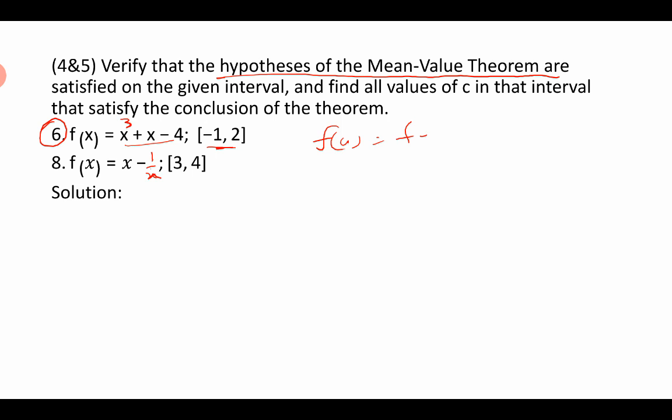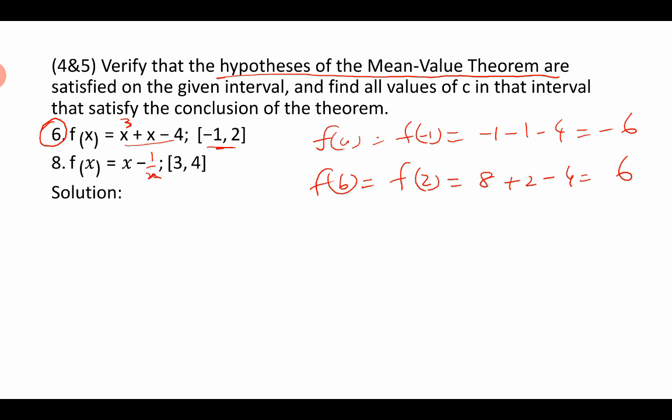f of a is f of minus 1, which is minus 1 minus 1 minus 4, which is minus 6. At the upper limit, f of b, f of 2 is equal to 8 plus 2 minus 4, 10 minus 4 is 6, isn't it?